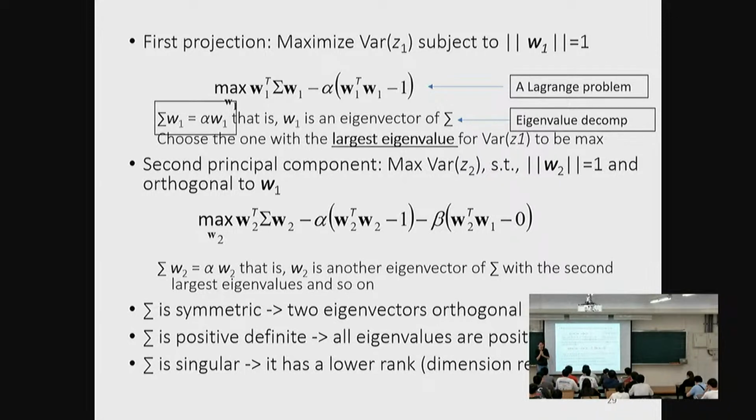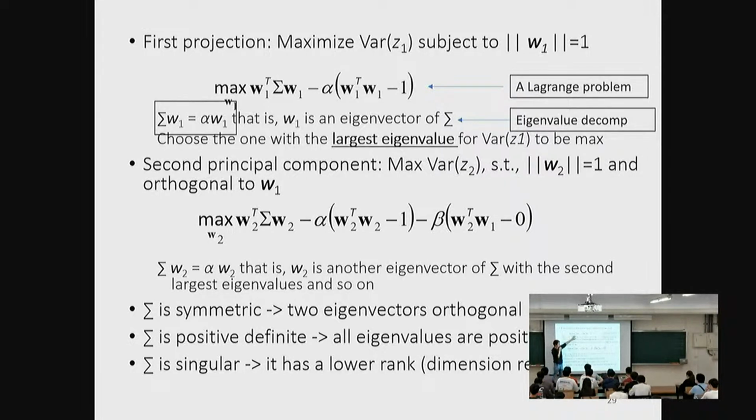But recall that you use this Lagrange to solve like boundary issues, solve for a multiple constraint. So you have a constraint. This thing is to be maximized, but under the constraints of W1 norm has to be equals to 1. So you add a Lagrange multiplier, and you differentiate this thing and set equal to 0, and then eventually you'll have this form.